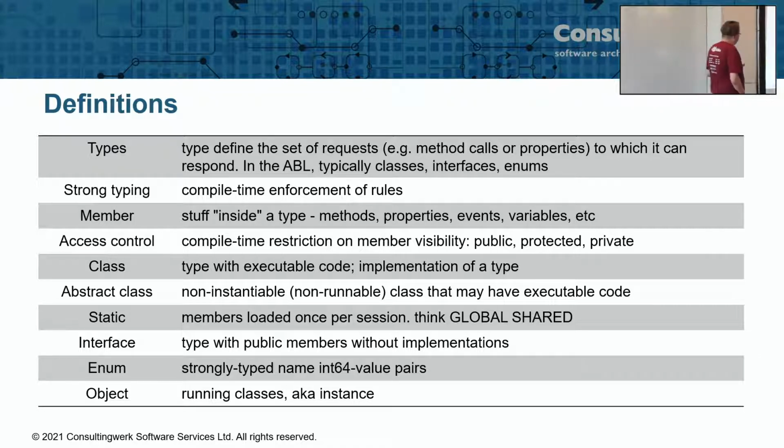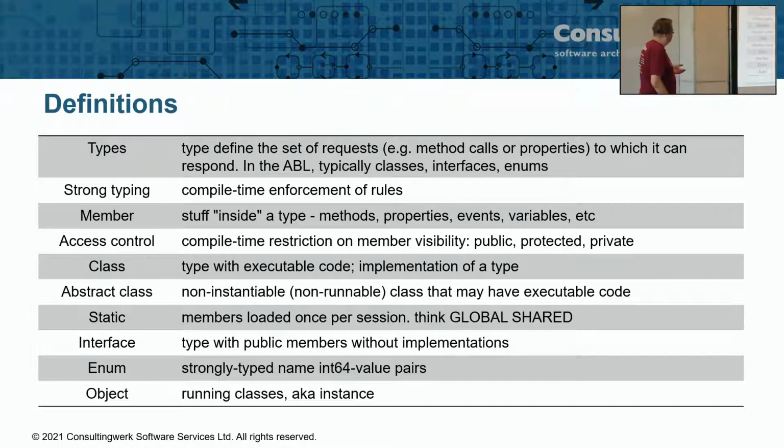Strong typing is a concept where you have these types, and the compiler and the runtime know which properties and methods are available on a certain type, and the compiler will validate that. So unless you're using dynamic invocation, it is not easy to write code that compiles but doesn't run, because the compiler can check more.